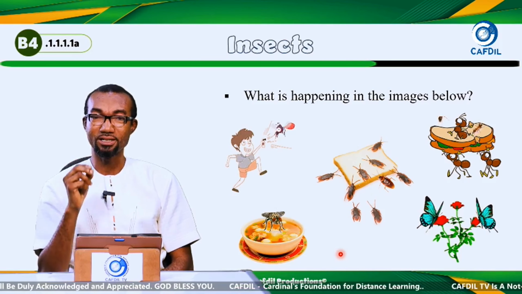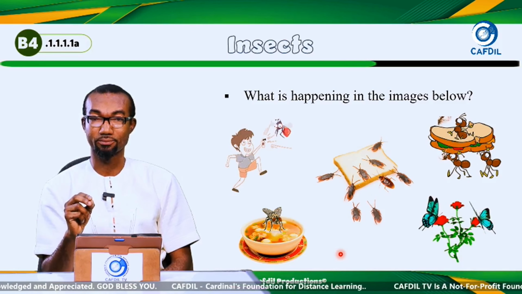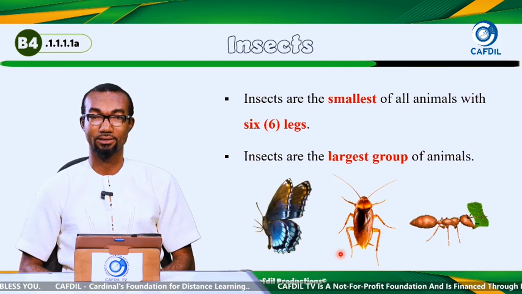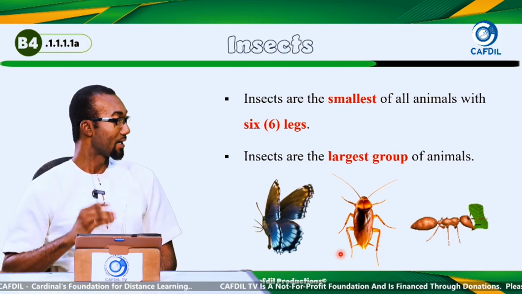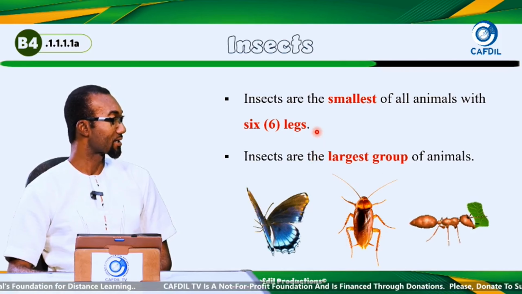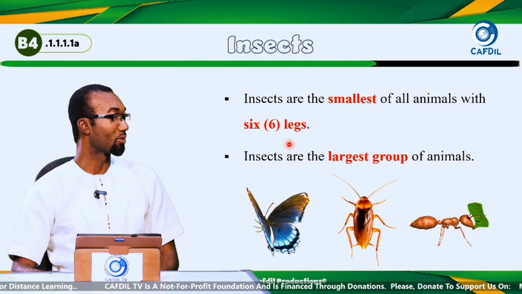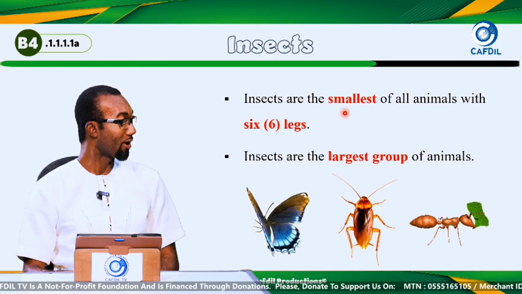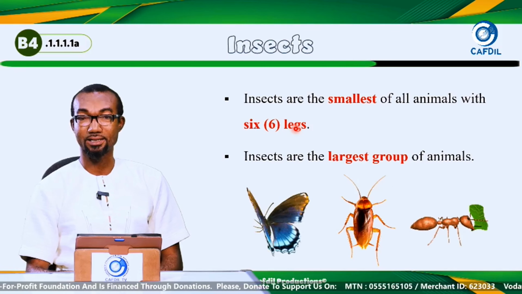So if all these animals are not the same, but we classify them as insects, then what are insects? That's what we are going to look at. Insects are the smallest of all animals with 6 legs.